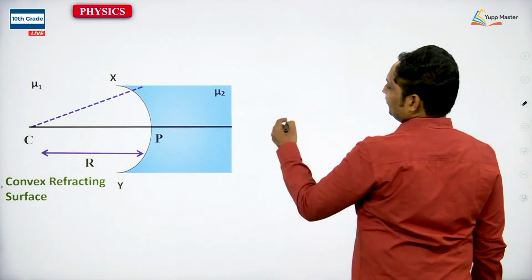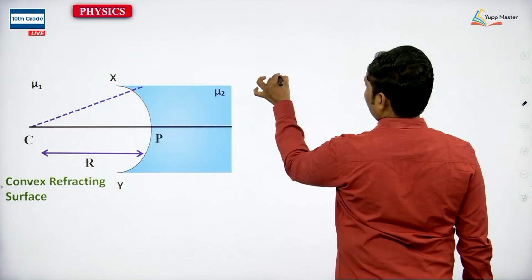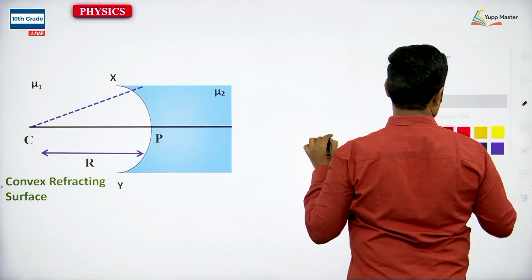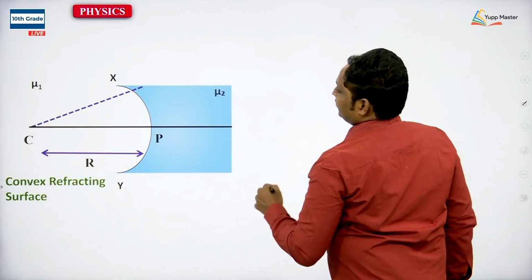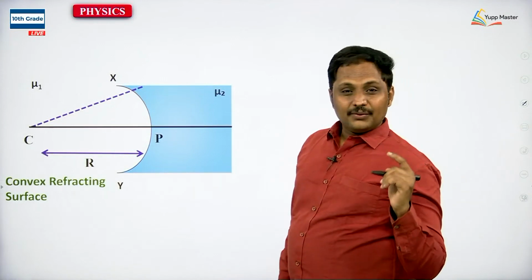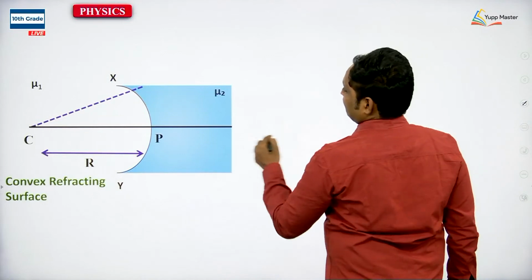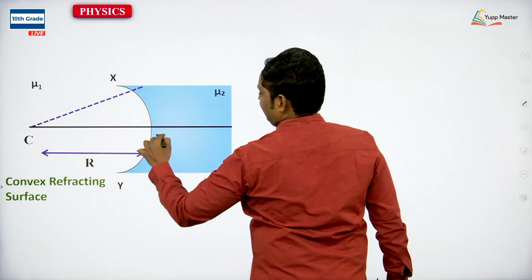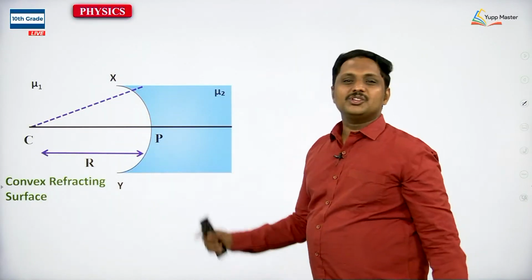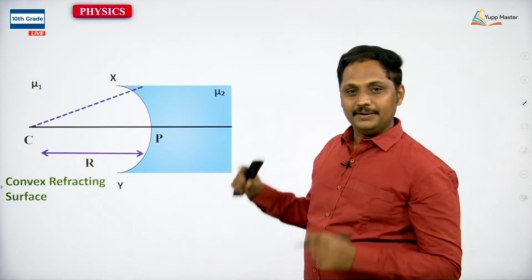You can take all these, what about x and y, x, y is the aperture, P is the pole and C is the center of curvature, R is the radius of curvature, it is very clear.